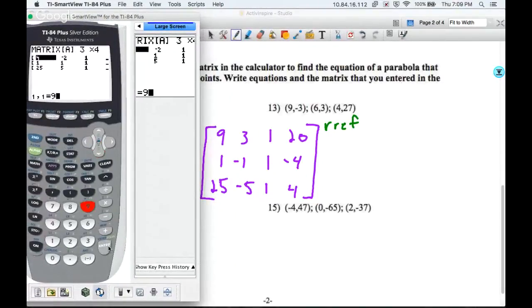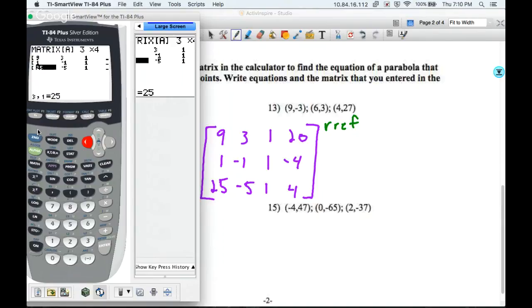We've got 9, 3, 1, 20, then 1, negative 1, 1, 4, and 25, negative 5, 1, 4. Let's just double check that looks right.